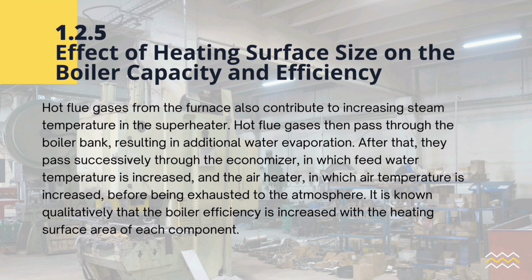After that, they pass successively through the economizer, in which feed water temperature is increased, and the air heater, in which air temperature is increased, before being exhausted to the atmosphere. It is known qualitatively that the boiler efficiency increases with the heating surface area of each component.